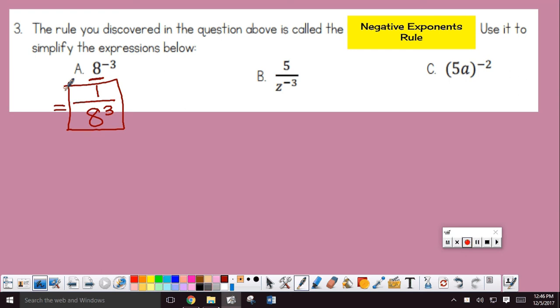All right, letter B. What is attached to the negative exponent? Z. What about the 5? No, nothing is changing for the 5. So am I going to keep the 5 the same, in the same place? Yes, nothing is going to happen to it. So it's going to stay in the numerator. What's going to happen to the Z?